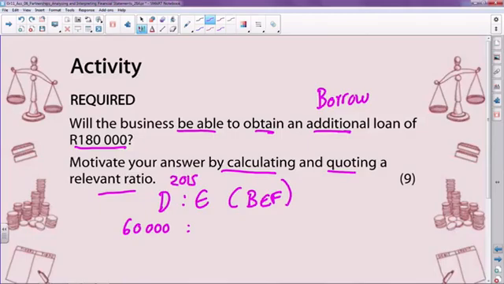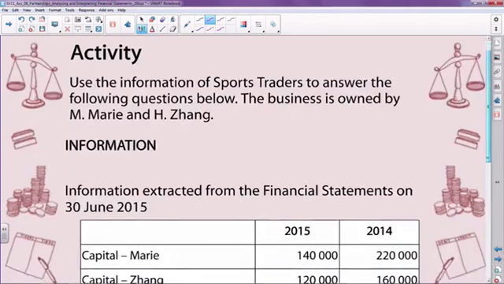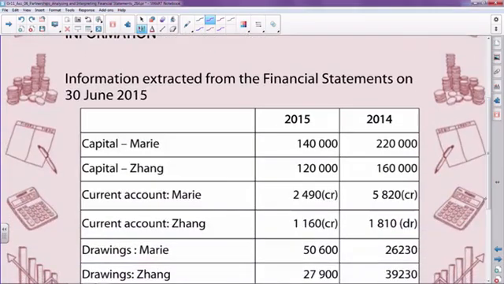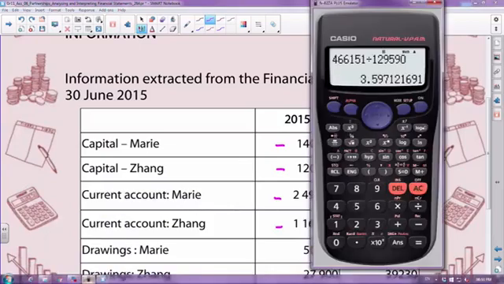2015. Okay, so let's go back to the information sheet. Your equity would be the capital contributed by each partner. Okay, so I've got partner Murray and then partner Zhang. Then also your current account balances for each partner. That's going to give us our total equity. So let's calculate the equity.